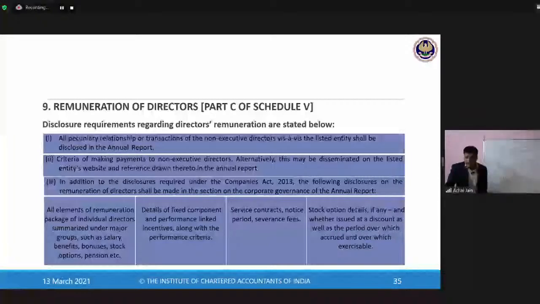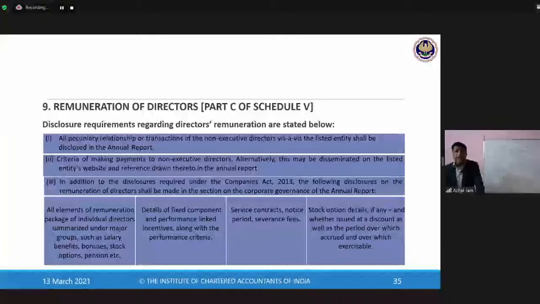Pecuniary relationships or transactions of non-executive directors vis-a-vis the listed entity need to be disclosed in the annual report. It's a mandatory disclosure. The criteria of making payments to non-executive directors needs to be disclosed. Alternatively, this may be disseminated on the listed company's website.